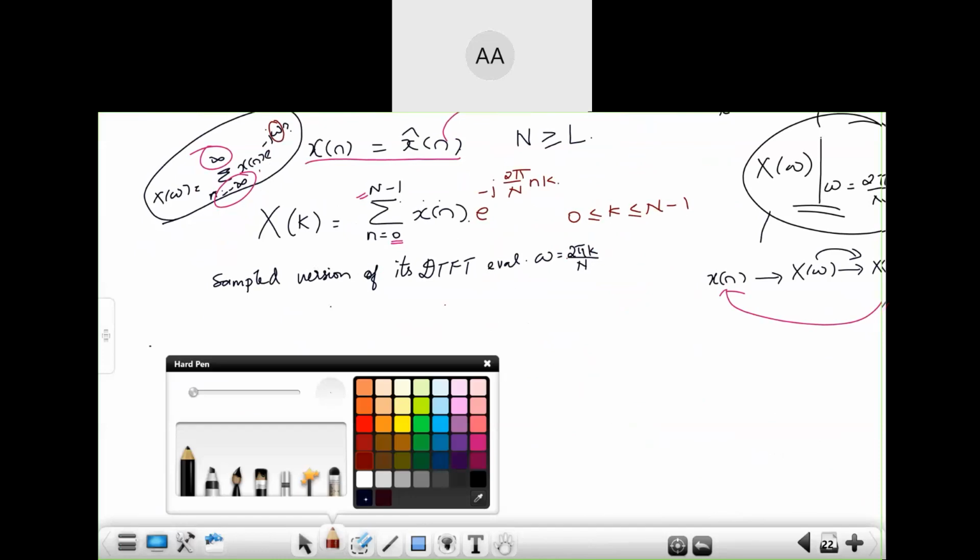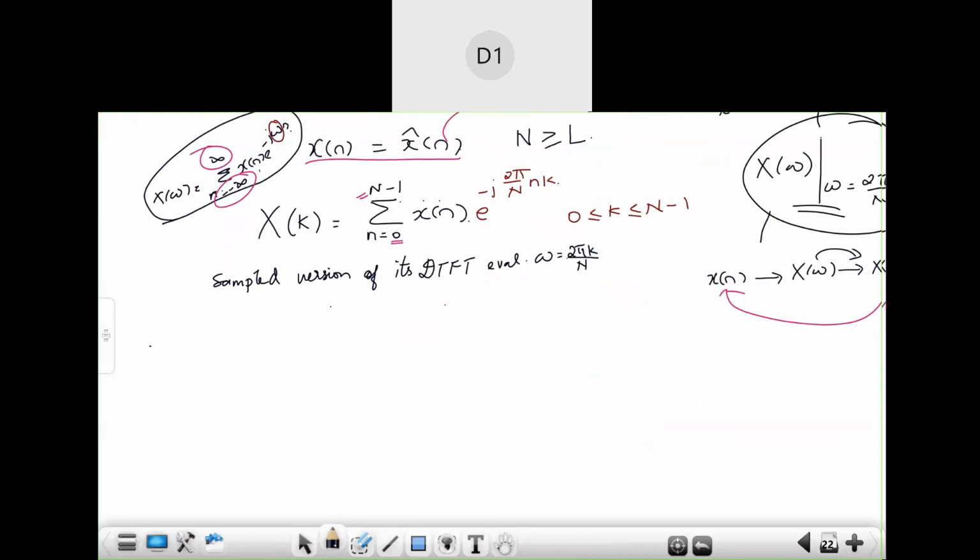What did I say last? To recover the finite length sequence x of n, you need to recover x of n from N samples. What are these N samples? The frequency domain values, the DFT spectrum, corresponding to 0 less than or equal to omega less than or equal to 2 pi.